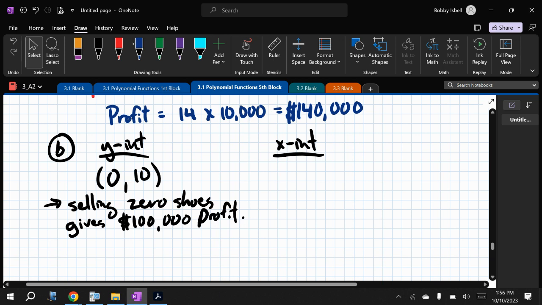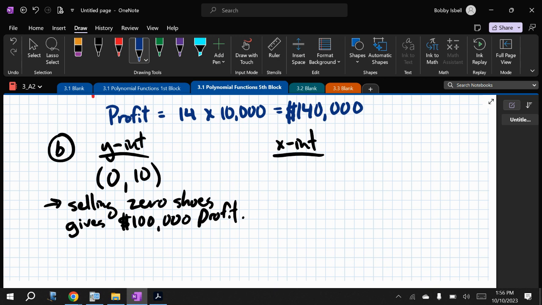Basically, if you're selling 0 shoes, then you get $0 profit. You shouldn't make any money. You actually should be in the negatives, right? Because if you're selling none of the shoes, but you made them, it cost you some money to make those shoes. That's kind of what we see in most business practices, that you've got to put some money into it to get some money out of it. So that doesn't make sense.